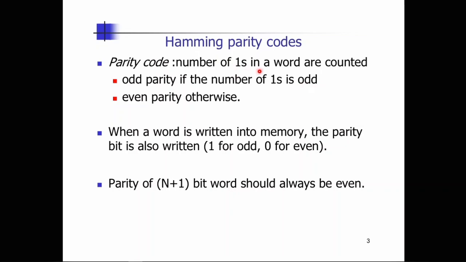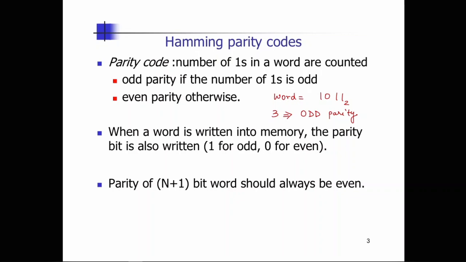So count the number of ones. If it is odd, then it is odd parity, and if it is even, then it is even parity. For example, if we had a 4-bit sequence or word as, say, 1011, this is in binary, the number of ones in this word is 3, which implies that it is odd parity.